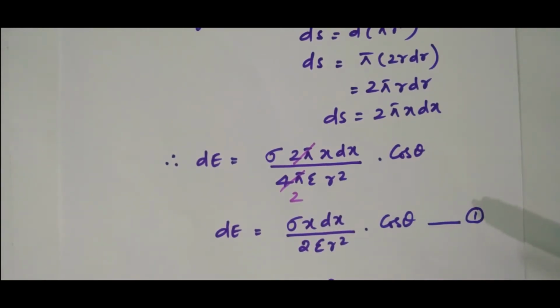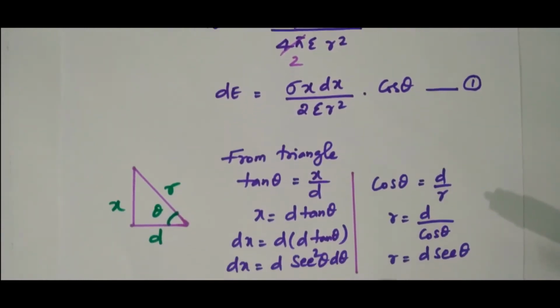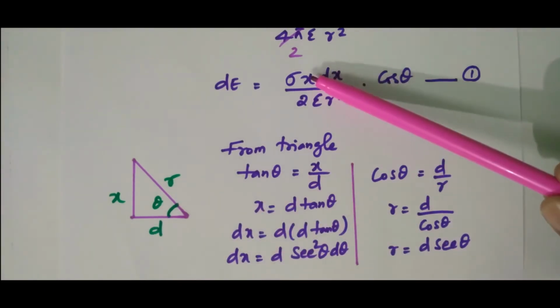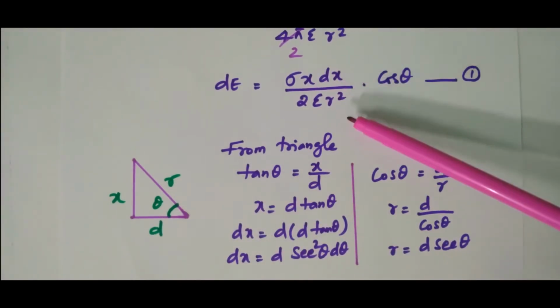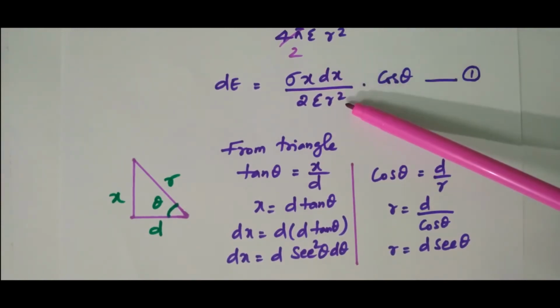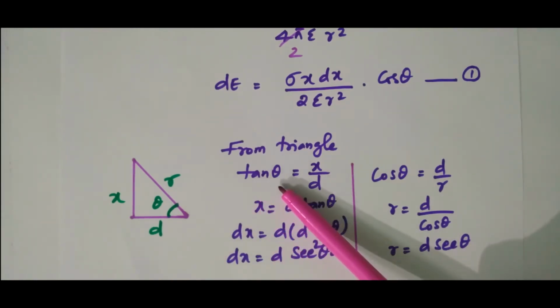Now we have one triangle available. From this triangle we are going to find the expressions for x, dx and r. Right, x, dx and r we can find from this triangle. So first we will find tan theta.